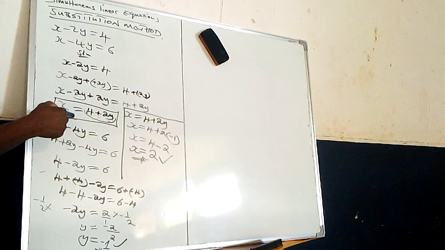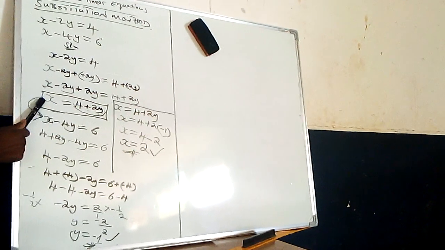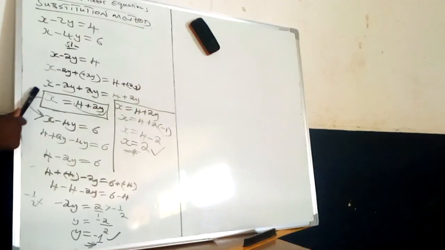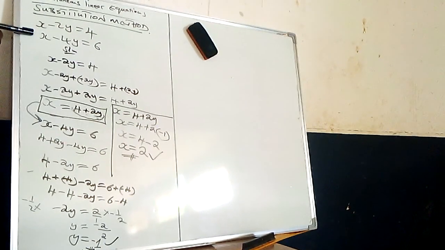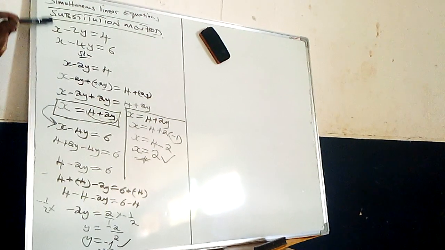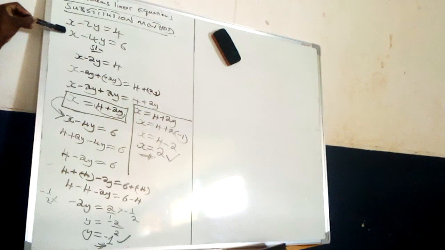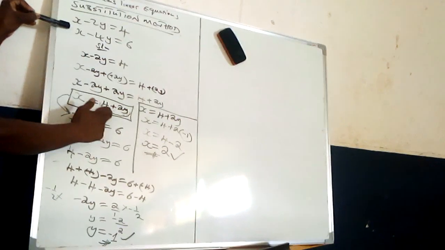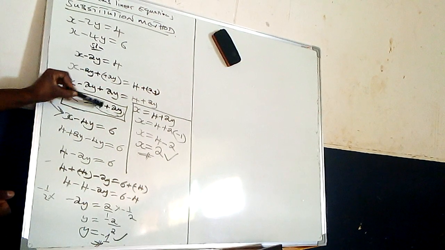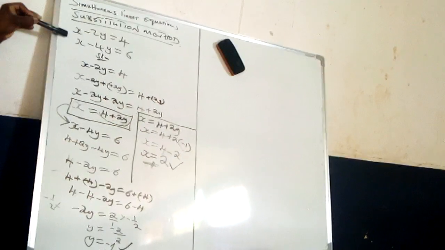Once you make x the subject of the formula, for you to use it, you pick the second equation, the one that you did not use. In this case, we did not use the second equation. So that's why we substitute the x value. The value of x this time around is 4 plus 2y. So we substitute this into the second equation, the equation that we didn't use.